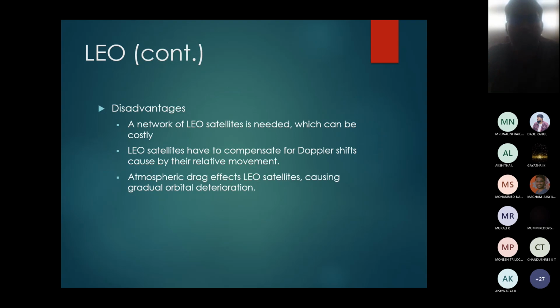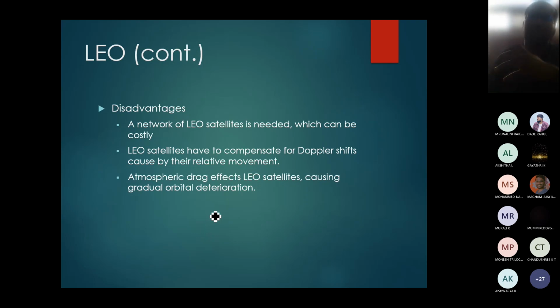Okay. The LEO satellites have to compensate for Doppler shift caused by their relative motion. That means if we are communicating from any Earth station on the surface of the Earth and the satellite, since the satellite is not relatively stable, the satellite is moving, so the effect of Doppler shift will appear in the communication link between the Earth station and satellite.